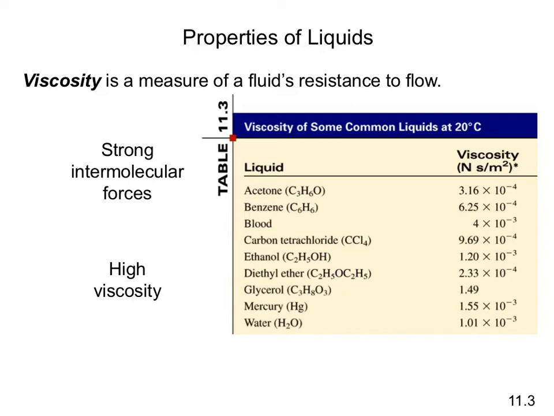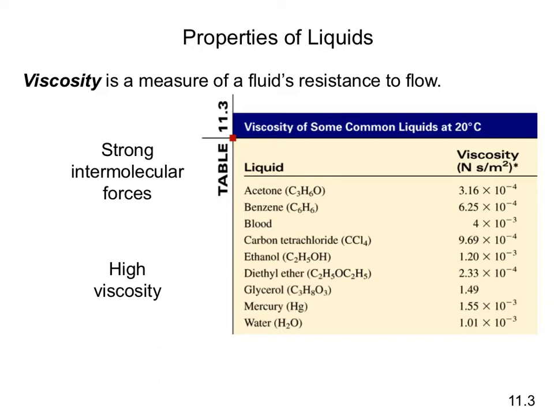Viscosity is a resistance to flow. If you've ever had pancakes or waffles or French toast with syrup, you've perhaps seen a viscous liquid, kind of thick. And if you heat up the syrup, the viscosity decreases. It gets less thick.